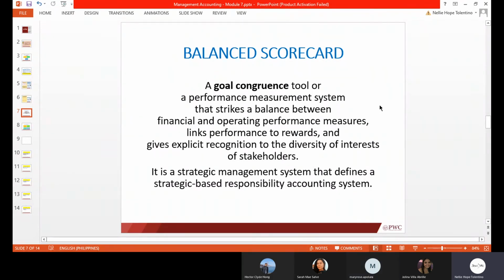Sige nga, if you can still remember from Module 6, what's goal congruence? When does goal congruence happen? Kailan nagkakaroon ng goal congruence? Kapag ang firm ay may one goal.